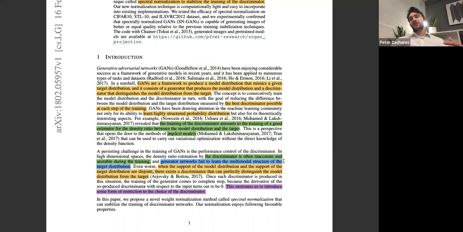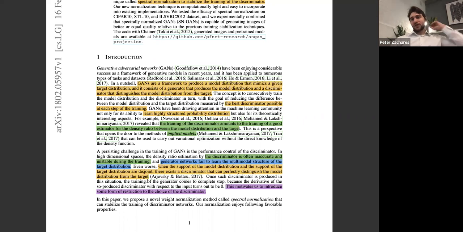And so you usually have to add some additional objectives, or I think the training method they use, in order to stop it from learning what they call mode collapse, where it can't learn multiple classes or multiple examples. And then they say even worse, when the support of the model distribution and the support of the target distribution are disjoint, there exists a discriminator that can perfectly distinguish the model distribution from the target.